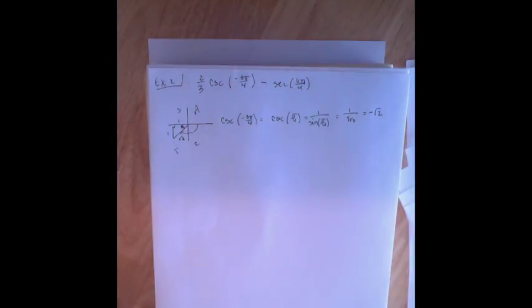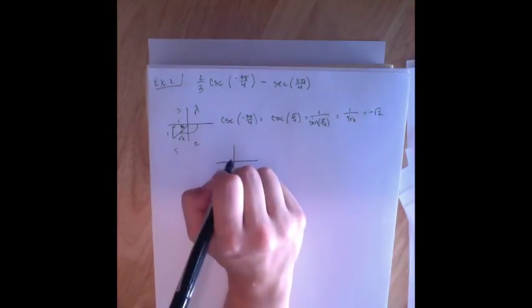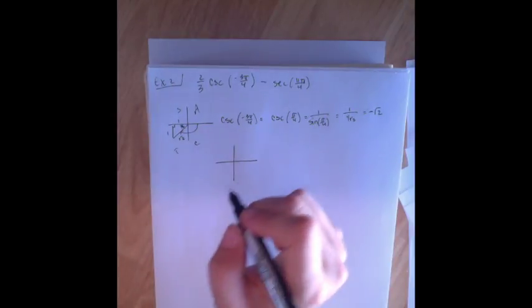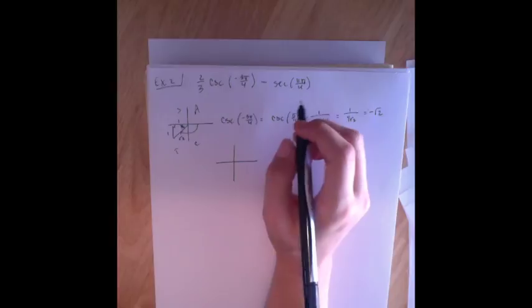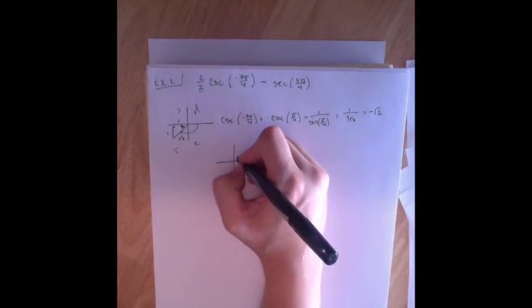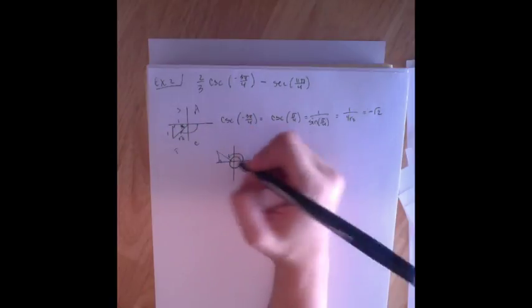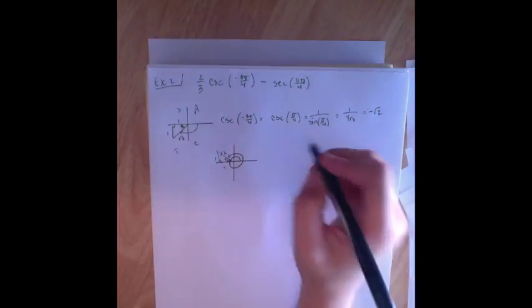Now let's look at 11 pi over 4. We know that that is 1 pi over 4 short of 12 pi over 4, so we go all the way around to here. Again, we'll have pi over 4 here, so we'll have 1, root 2.